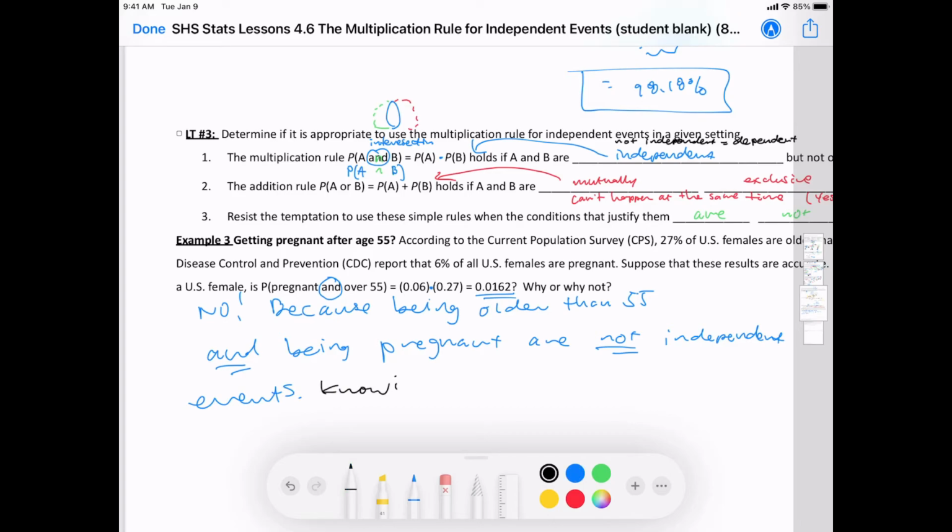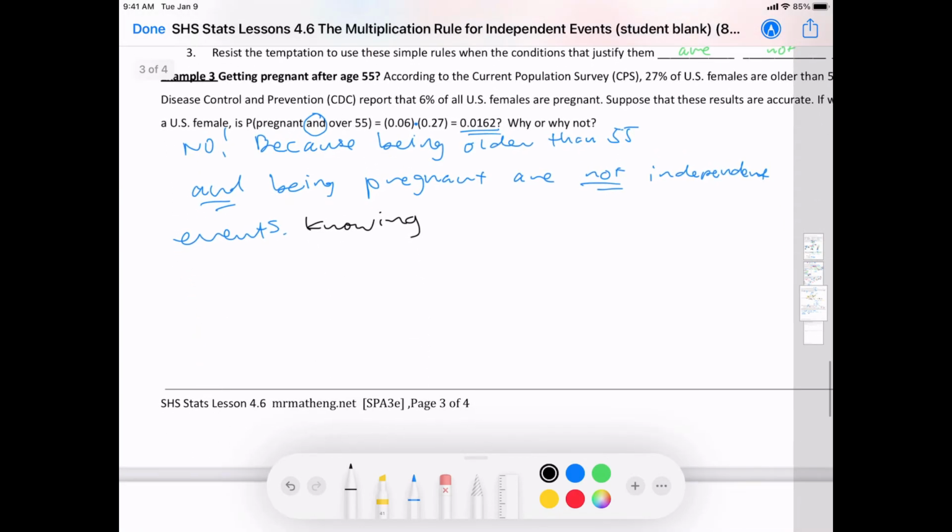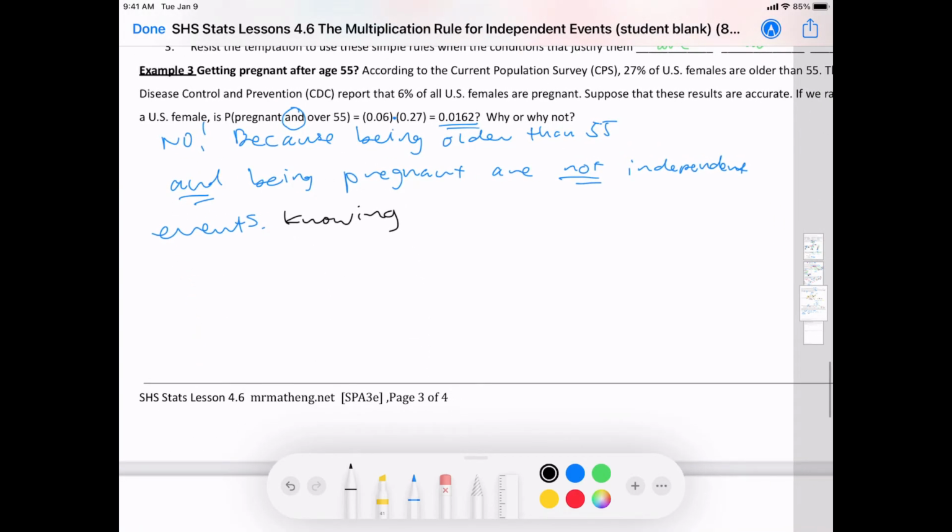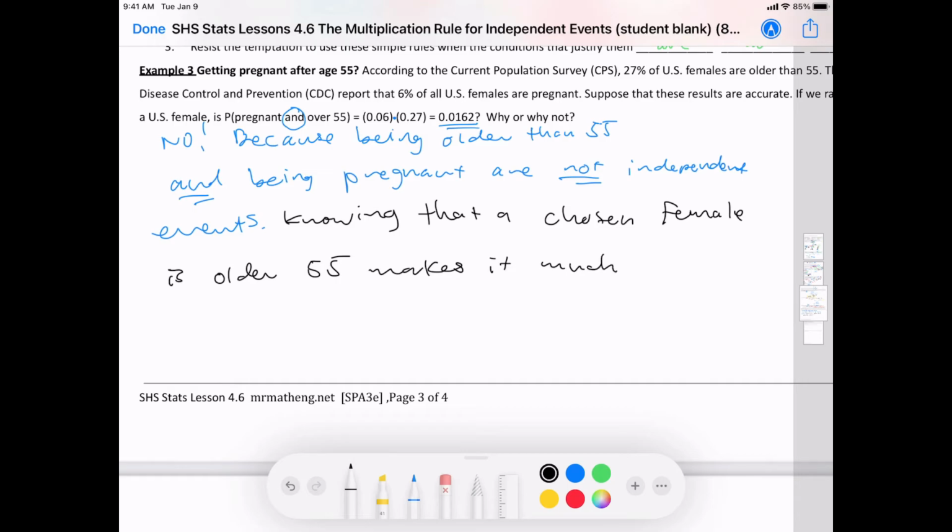Knowing that the chosen female is older than 55 makes it much less likely that she's pregnant.